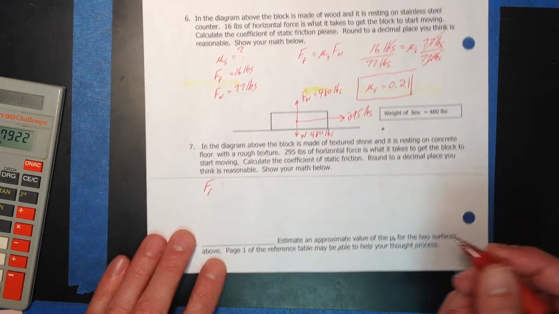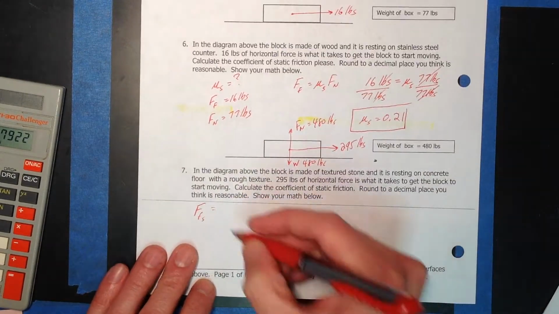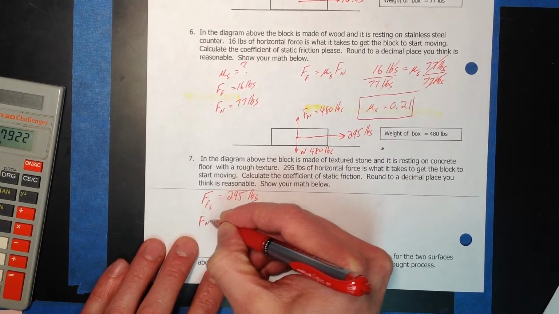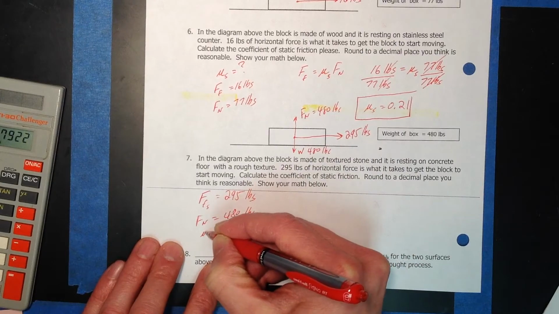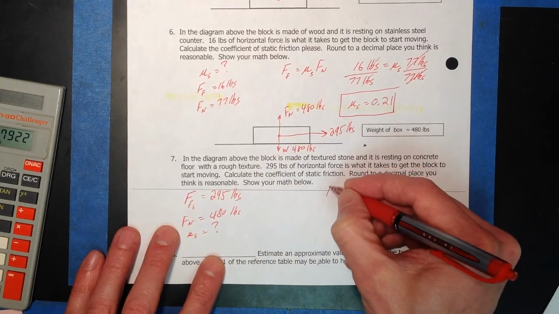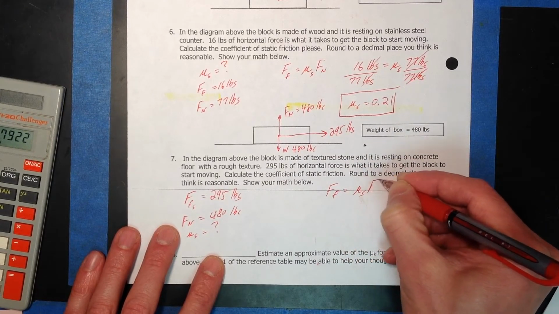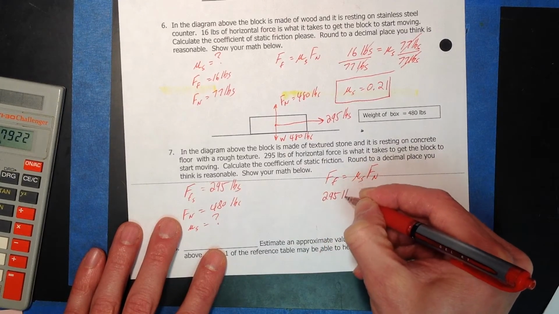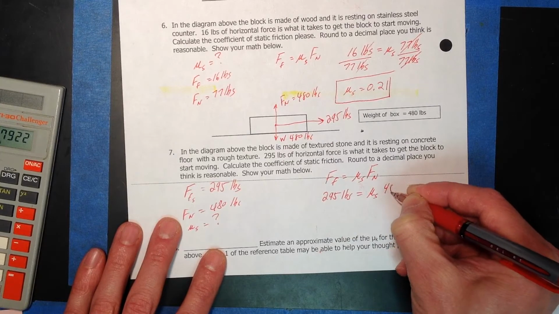Force of friction in this case. So just to get it moving, again, force of static friction is 295 pounds. The normal force here is 480 pounds. And the coefficient of friction is what we are looking for. So we can plug these numbers into our formula. Force of friction, static, equals mu times F sub n. So that's 295 pounds equals mu times 480 pounds.